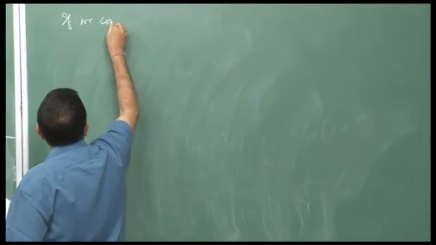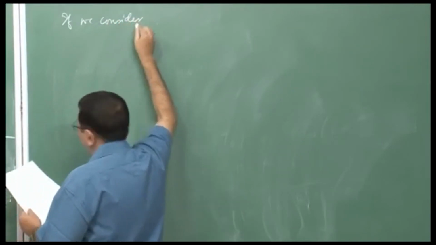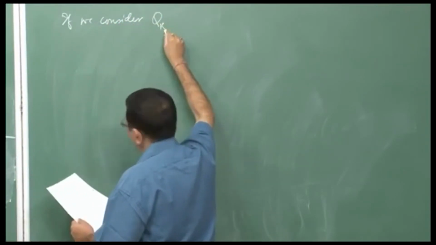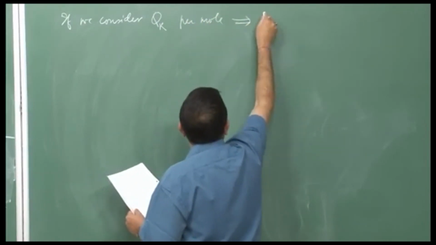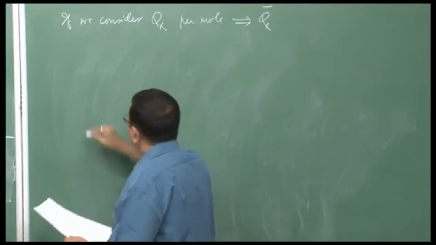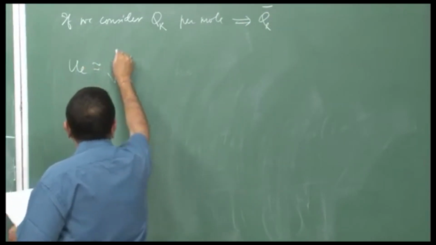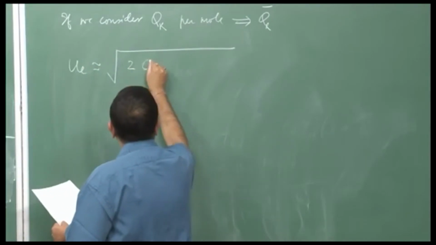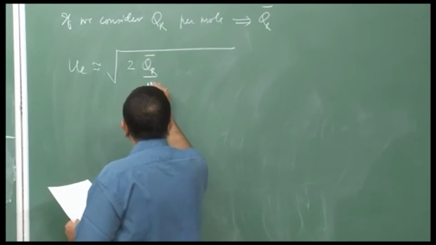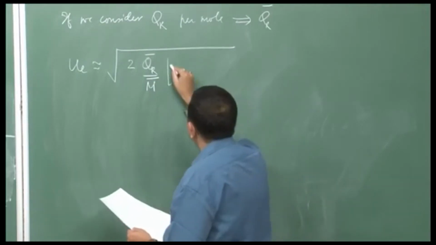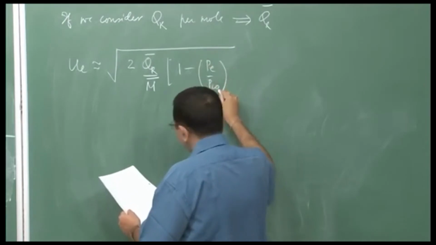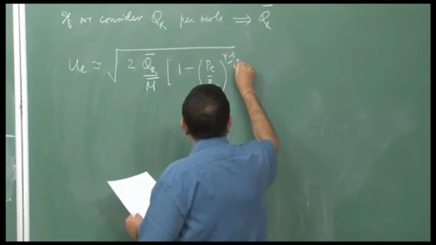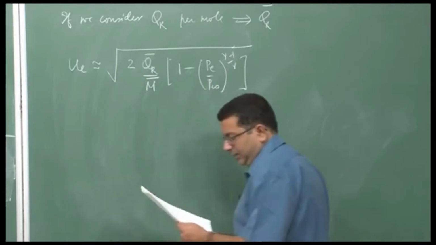So, if we consider Qr per mole, that is Qr bar, then my exit velocity will be equal to square root of 2 Qr bar by molecular weight times 1 minus (Pe upon Pc naught) to the power (gamma minus 1) by gamma.